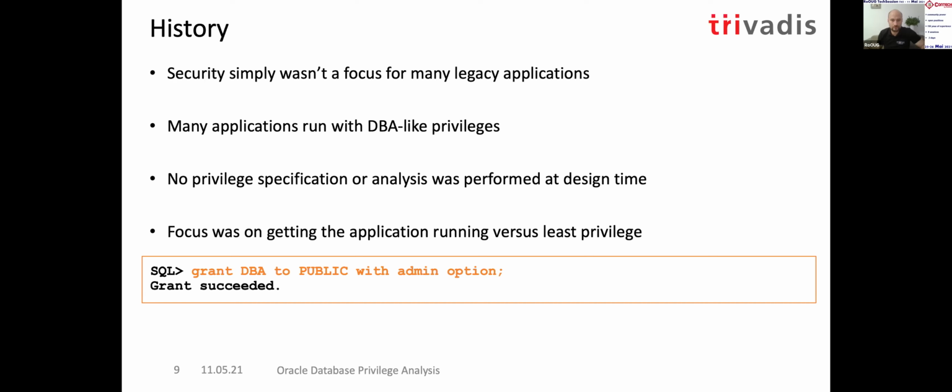In my DBA trainings, I always say grant DBA to public with admin option, as you can see on the slide. I was surprised when preparing this presentation, I tried this statement and it really works in an Oracle 19c database. Make everyone DBA with full administrative privileges. Probably not the best way in terms of security.